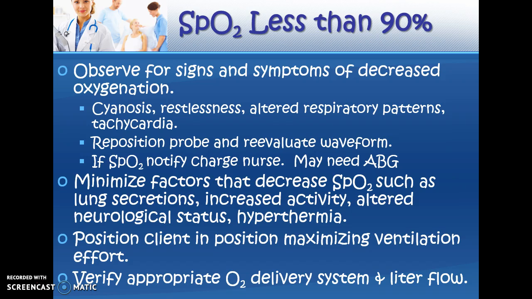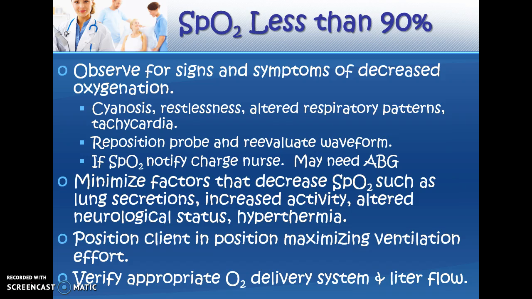If they're unable to get those out on their own, we may have to suction. If they have increased activity, altered neurologic status, or hyperthermia, any of those could affect SpO2. So we want to make sure we're doing what we can for those situations as well.